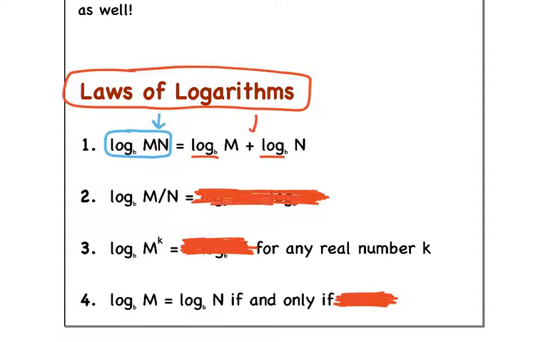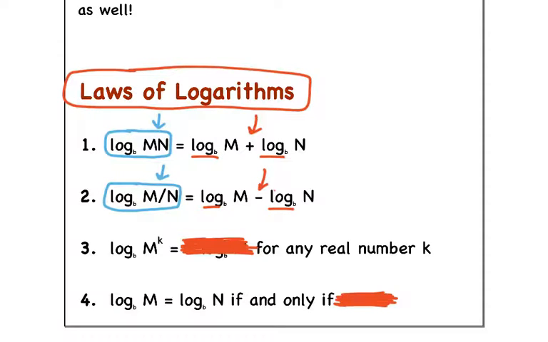Multiplication turns into addition. The second one says, if I have one log of division, that's going to split into two logs being subtracted. You keep the terms that you see and break them apart. One log splits into two logs being subtracted.